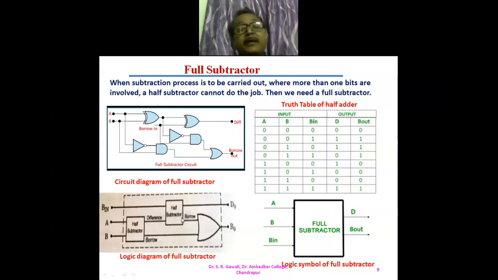Just previously we have seen the full adder, where there are 2 half adders, and the outputs of the 2 half adders are added together. We get the full adder. Similarly, in the full subtractor, 2 half subtractors are there.